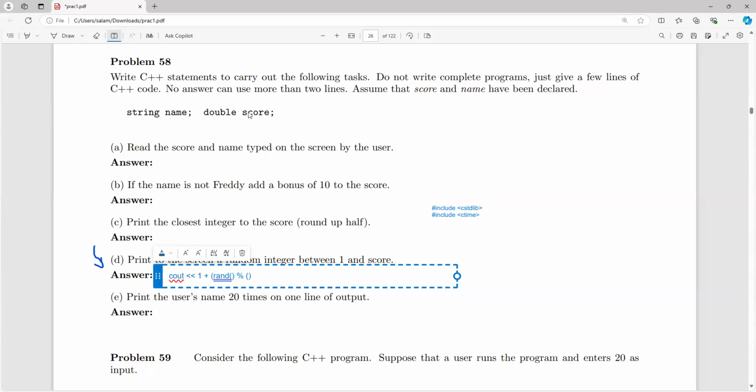So we must convert it to an integer first. So we do int score. Just put this in parentheses as well. So int score minus 1 plus 1. There you go. So that's a general formula.